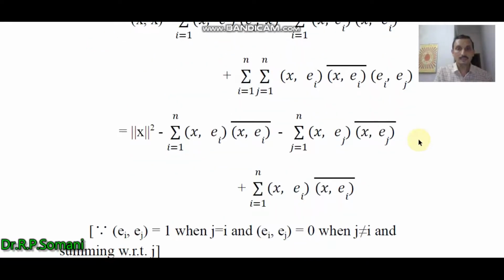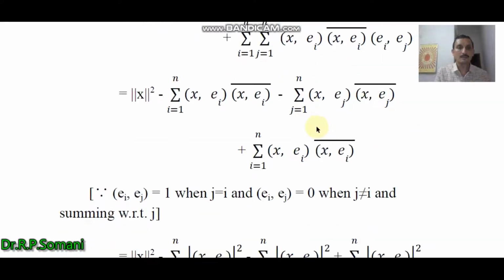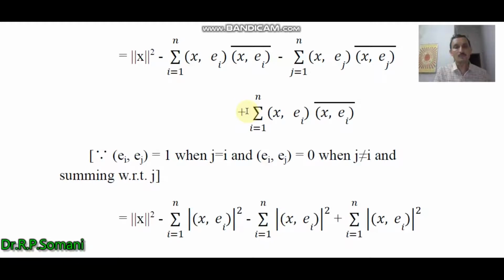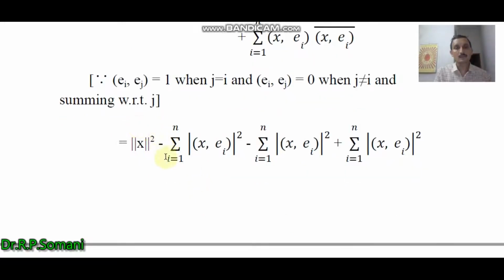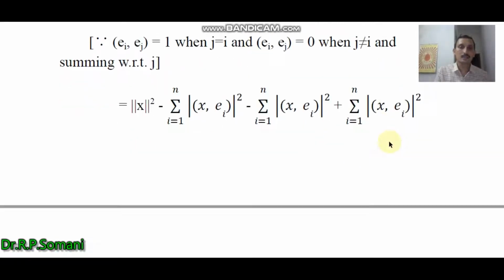Expanding this, we obtain after simplification, using the property that (ei, ej) equals 1 when j equals i and (ei, ej) equals 0 when j is not equal to i, and summing the above sum with respect to j, norm x squared minus summation, i varying from 1 to n, modulus (x, ei) squared minus summation, i varying from 1 to n, modulus (x, ei) squared plus summation, i varying from 1 to n, modulus (x, ei) squared.